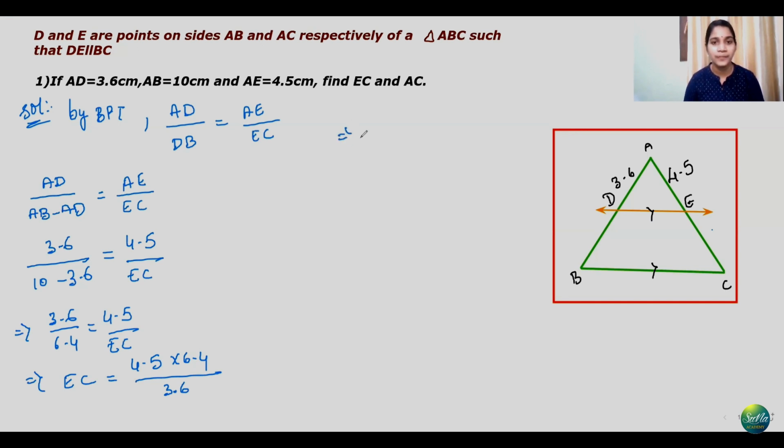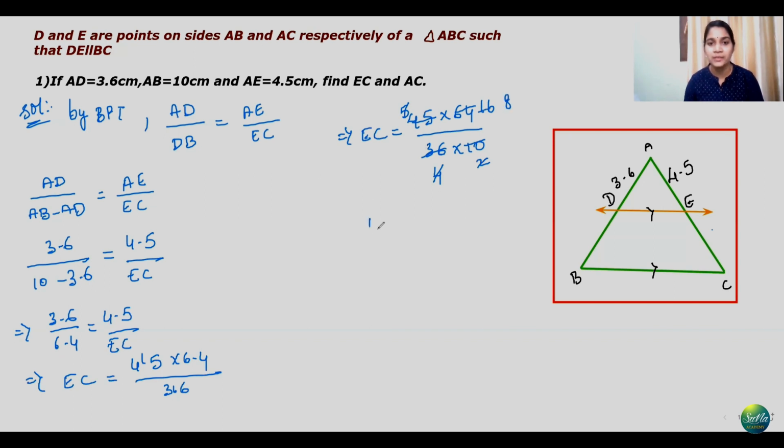Now this gives EC is equal to, so I can remove the decimal points in the numerator and denominator. So I have now 45 into 64 by 36 into 10. So it is now 9, 4 times is 36, 9, 5 times is 45, 4 1 times, and 4 16 times, 5 1 times, 5 2 times, 2 1 times, 2 8 times.